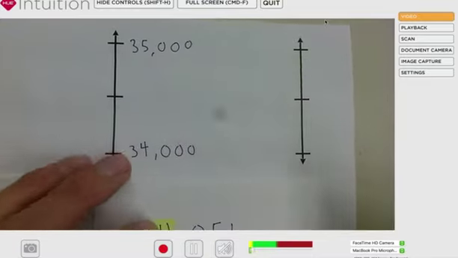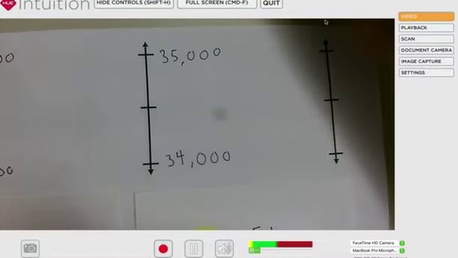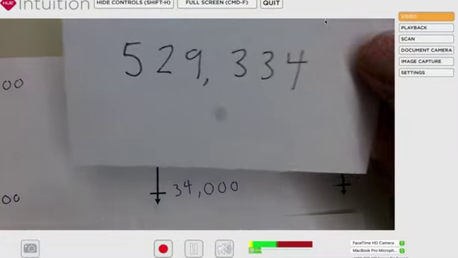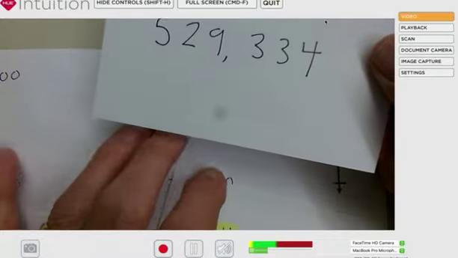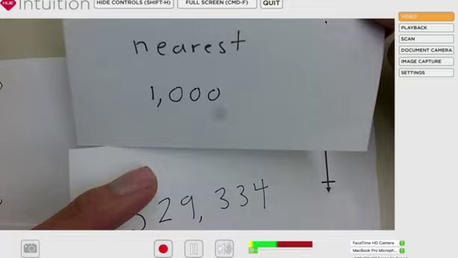You're just watching. Now let's talk about rounding to the nearest 1,000 again for all 3 of these. But this time we have a 6-digit number. This number goes up to the 100,000s place, but we're still rounding to the nearest 1,000.